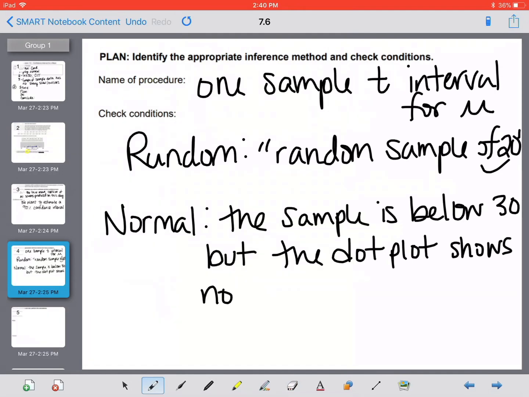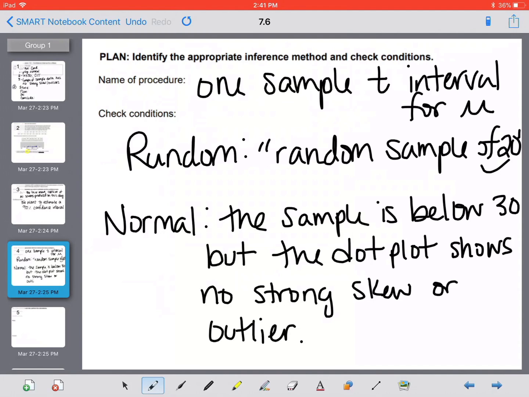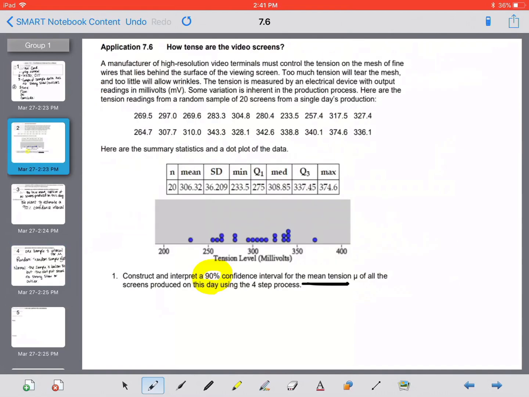If we can go back to this dot plot here, I'm looking at the dot plot and I see that it looks fairly symmetrical.